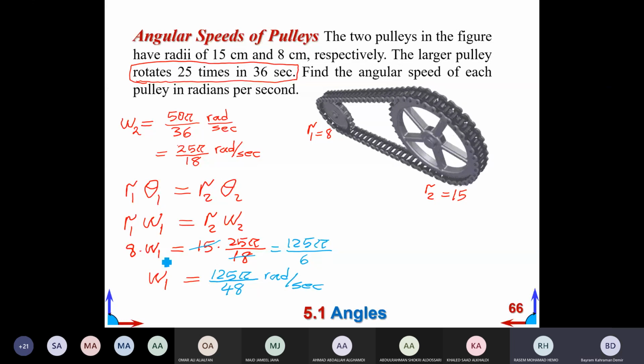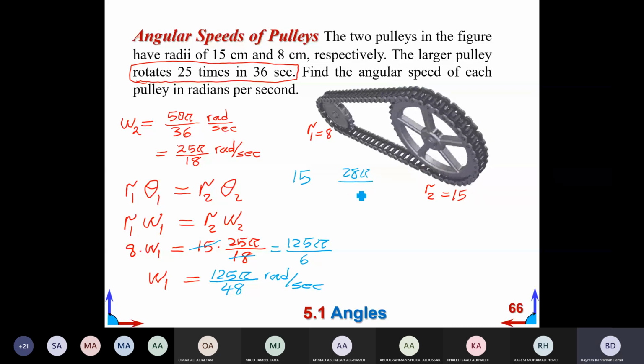Yeah, this is what we do, the scissor method. 15 for 25 pi over 18, and how about for 8, what is the x, Shabab? You want to make a cross like this? Yes, exactly. This is the cross-multiplication technique.